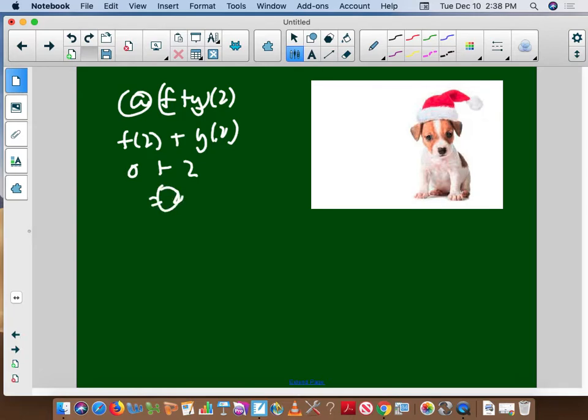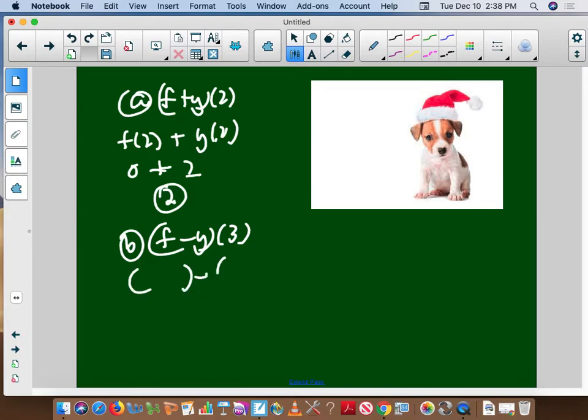As an algebra teacher, I should be able to get you to do it with equations and with graphs. Both are important. All right, B, F minus G of 3. So I'm going to find F of 3 minus G of 3. F of 3 is 2, and G of 3 is 1. So I got 1.